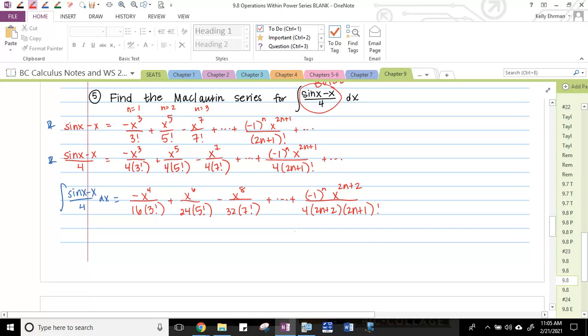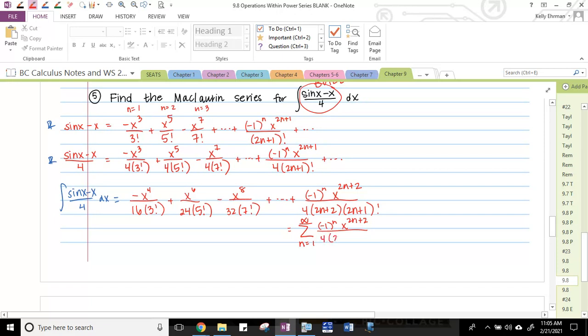So that general term, what we're saying is, now I'm going to write my power series from 1 to infinity, and make sure your terms still match when you plug this in. Negative 1 to the n, negative, positive, negative, that checks out. X to the 2n plus 2, starting at 1, you get 4, 2, you get 6, 3, you get 8, that checks out.